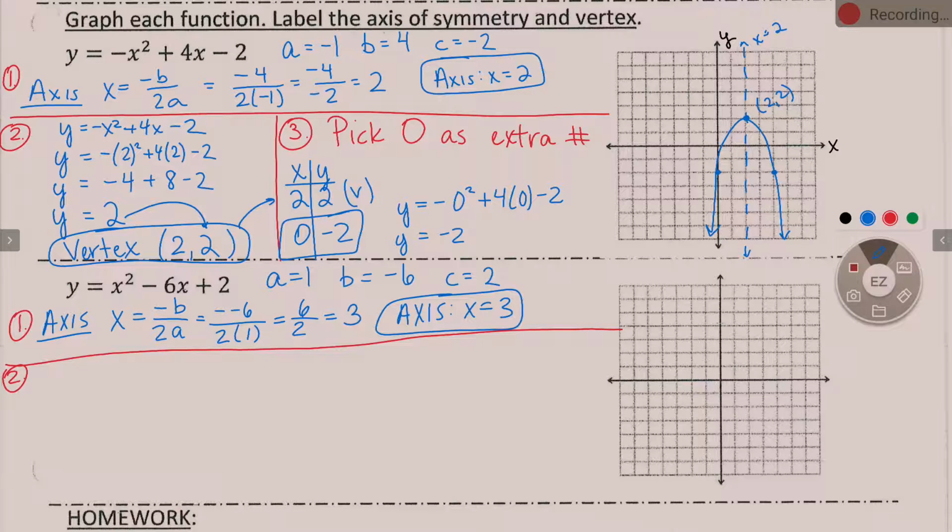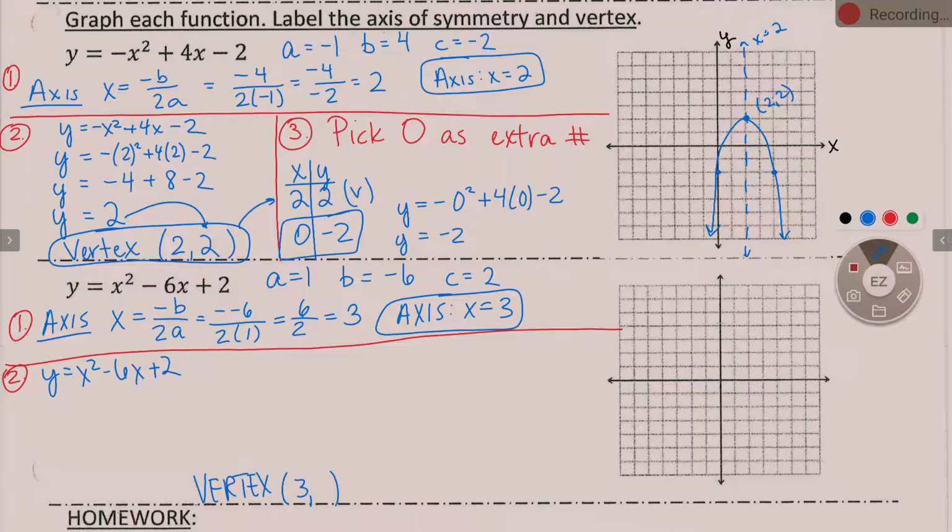Okay, step 2. Get the vertex. Okay, find the vertex. What do we know about our vertex right now? Have 3 in it. Yeah, it has a 3 in it. Specifically, x equals 3, so 3 comma something. How do I find the other piece of that vertex? Yeah, we're going to use that x squared minus 6x plus 2.